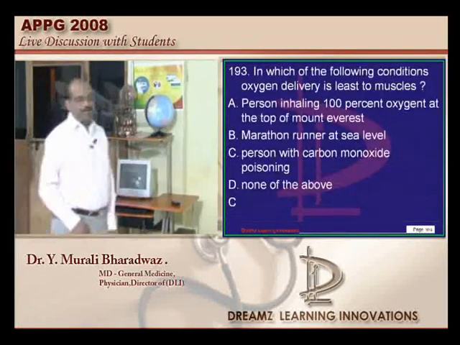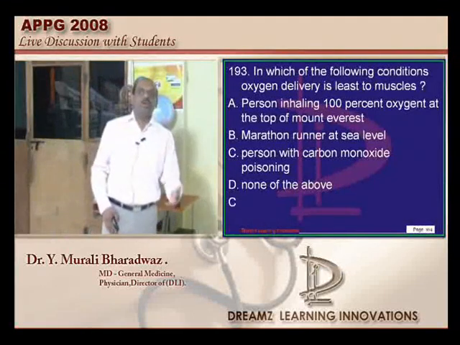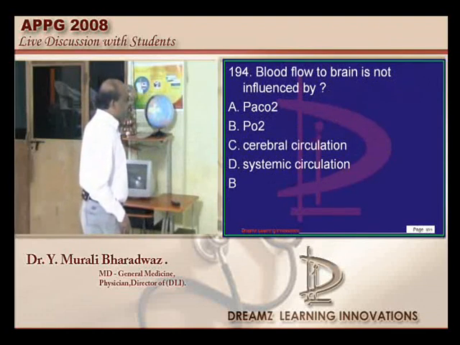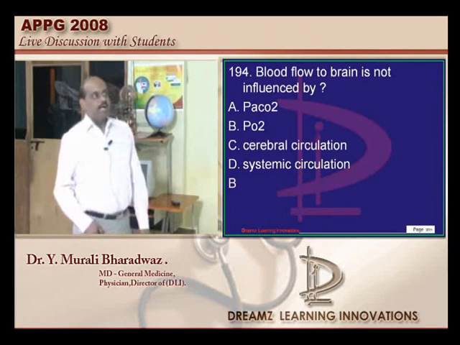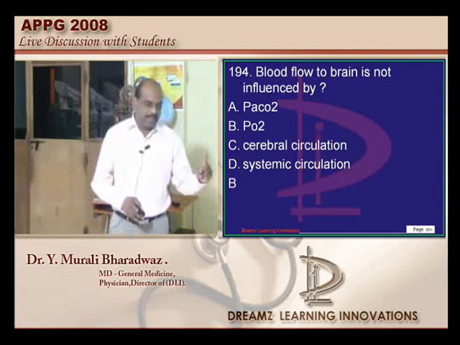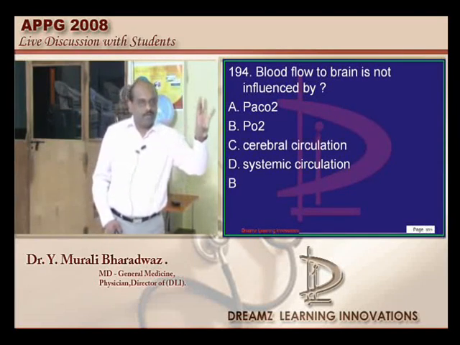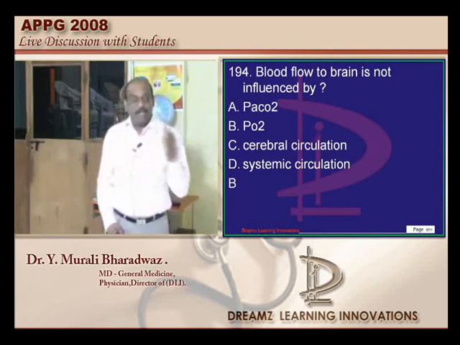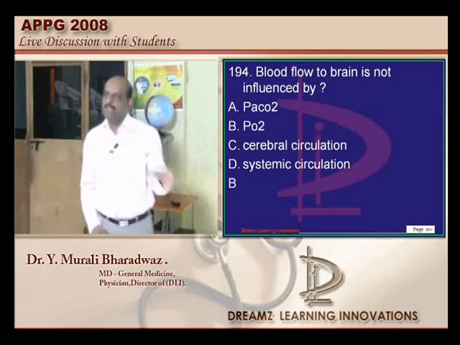Now the oxygen delivery will be least whenever there is a histotoxic hypoxia, like carbon monoxide poisoning, where delivery becomes impossible. The blood flow to the brain is definitely decided by PaCO2, and blood pressure also decides it. Though there is a range of BP where autoregulation of the cerebral circulation maintains flow, beyond those limits of autoregulation BP definitely influences cerebral circulation.